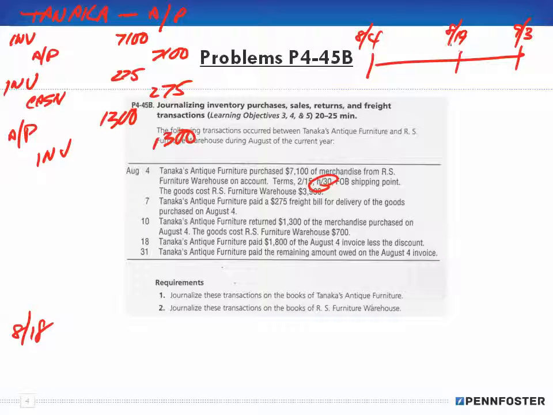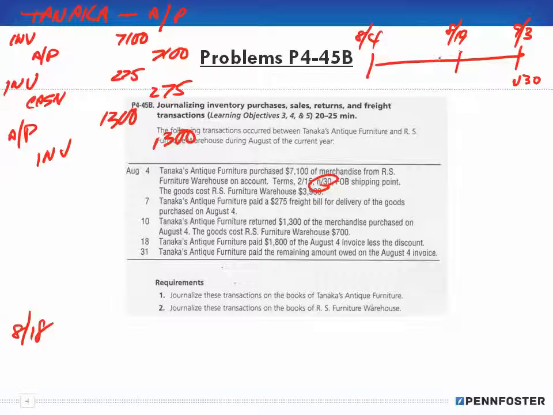The reason it's 9/3 is that you don't just say 30 days is September 4th, because not every month has 30 days. August has 31, so that means it has to be 1 day less. So that's why the net 30 is September 3rd instead of September 4th.